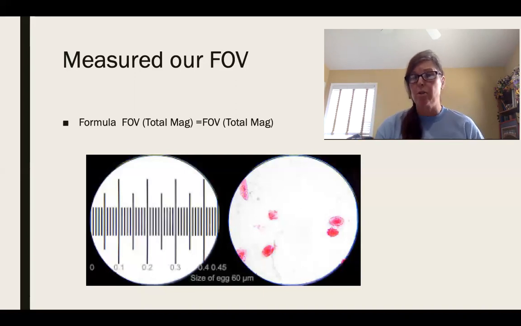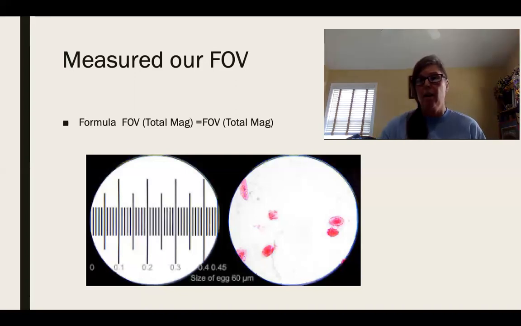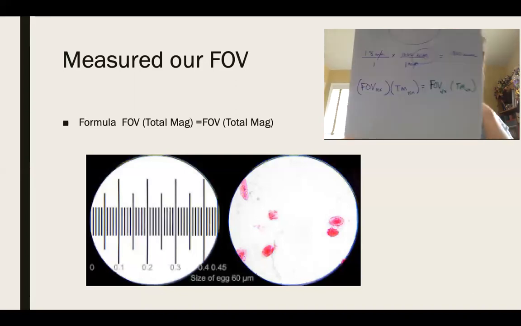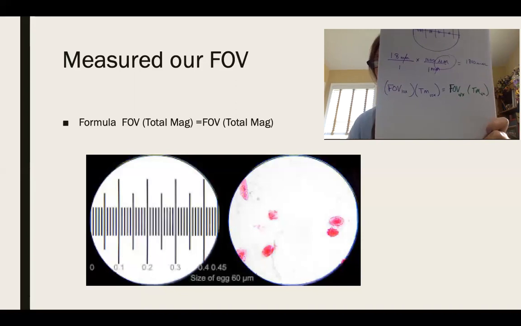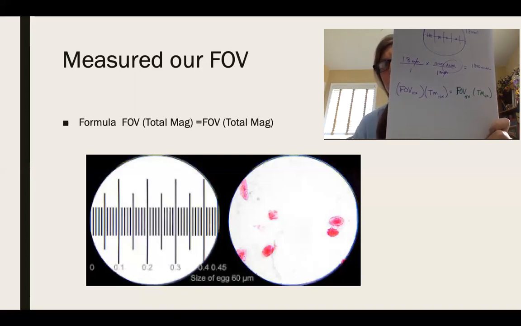So in this case, the first one we need to figure out is our field of view, because it's asking you, what is the field of view of your 4x objective? Remember, the ruler was too small to measure the field of view in your 4x objective.